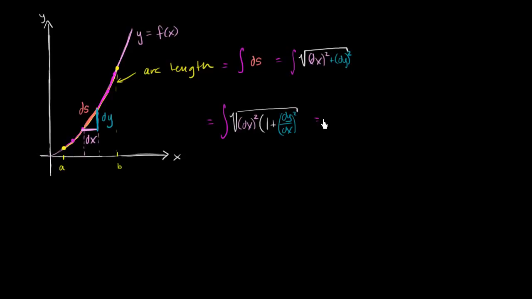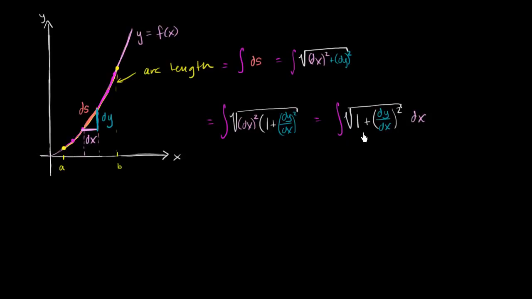And so this is going to be the integral of the square root of 1 plus dy dx squared. And this is interesting because we know what dy dx is. This is the derivative of our function, dy dx squared. And if you take the dx squared out of the radical, the square root of dx squared is just going to be dx.